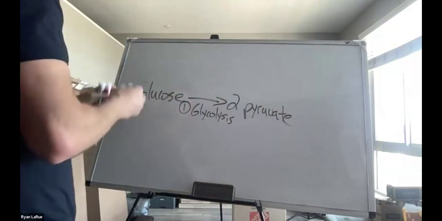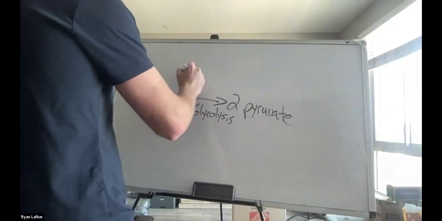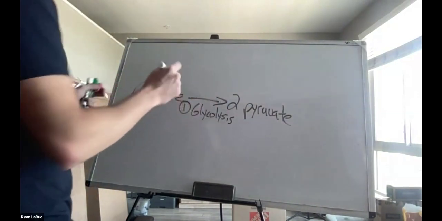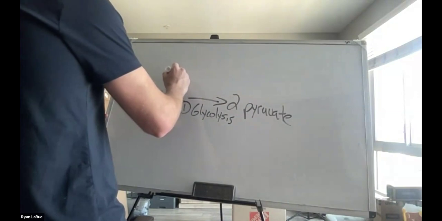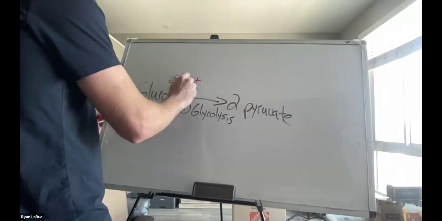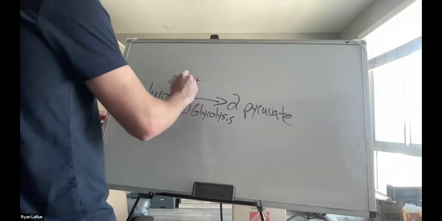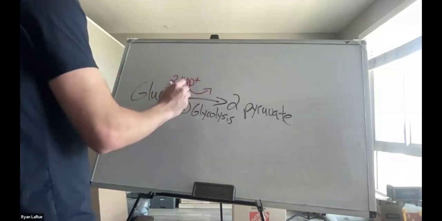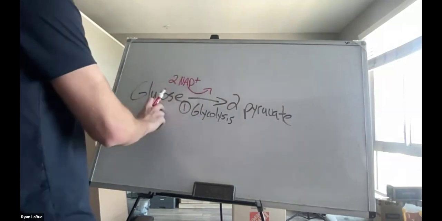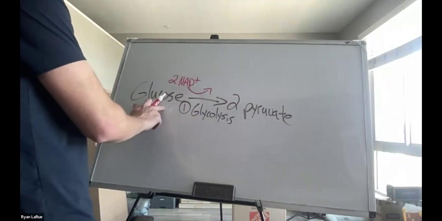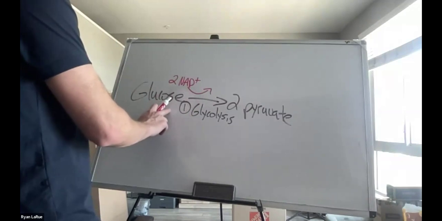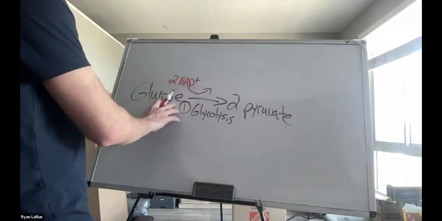So you get 2 NADH, and remember, to get that NADH, 2 NAD pluses come in as coenzymes and help the enzyme in that step, which happens twice, oxidize the glucose, that substrate at that point, which is glyceraldehyde 3-phosphate. It's that 6th enzymatic reaction, which happens twice, but you don't have to worry about that.